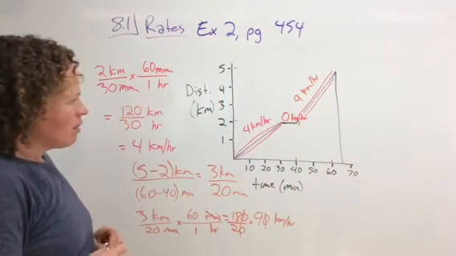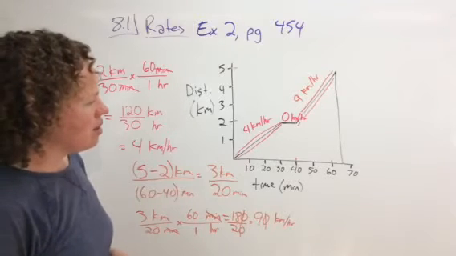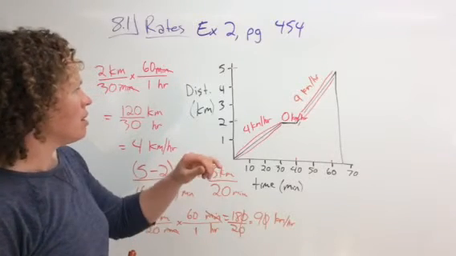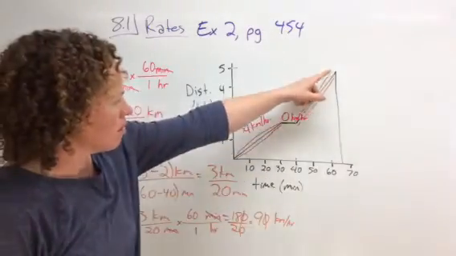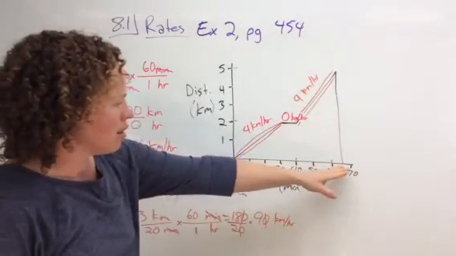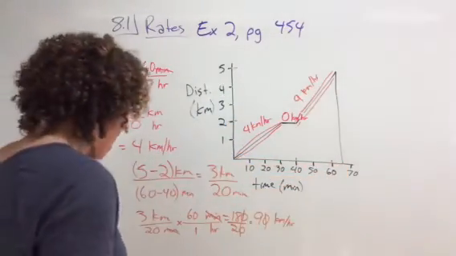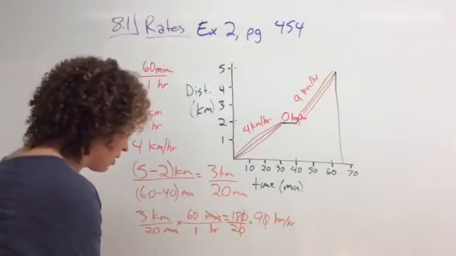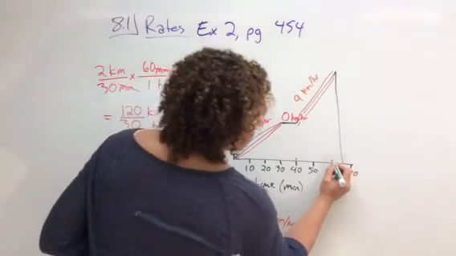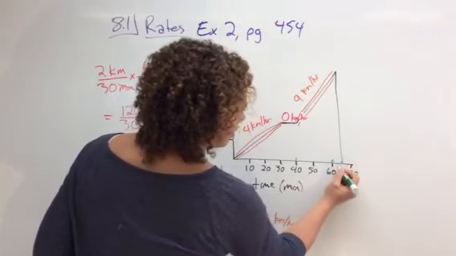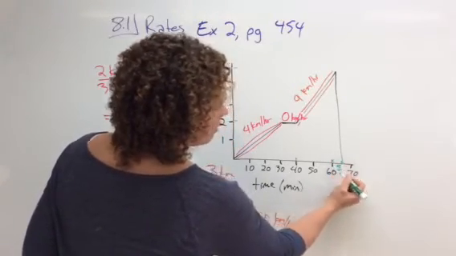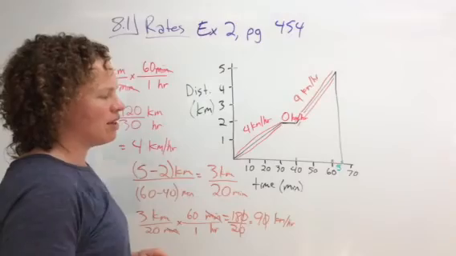Now I've got one more stage that is a little bit dramatic because it goes from here right down to 0 in a little tiny 5-minute stretch there. So let's have a look at that one. This one goes from here to here, which is a distance of 5. And I don't even have to go 65 minus 60.